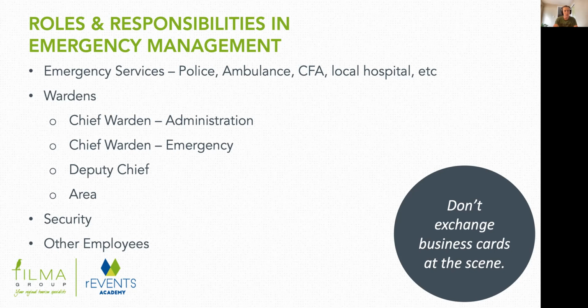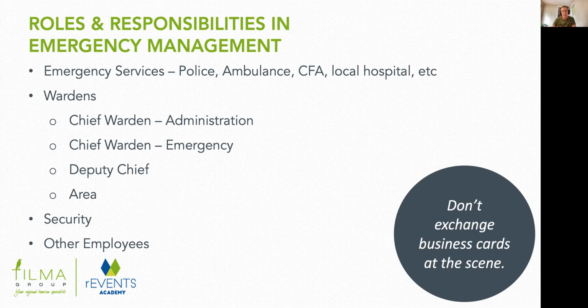You have your emergency services. Now, the emergency services are your police, ambulance, CFA, even your local hospital or medical centre.